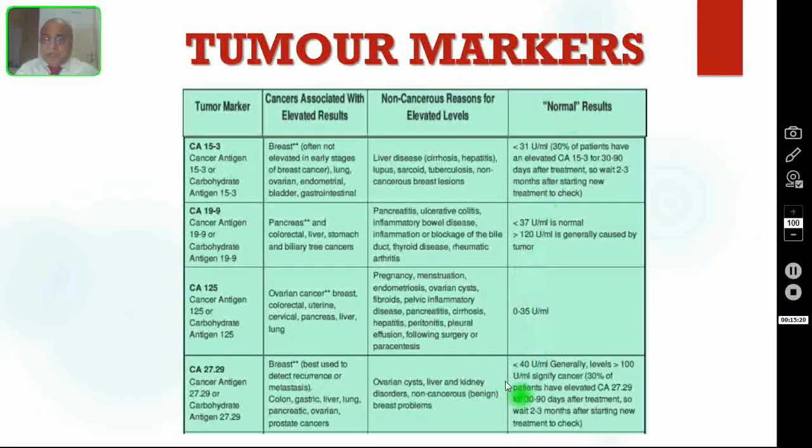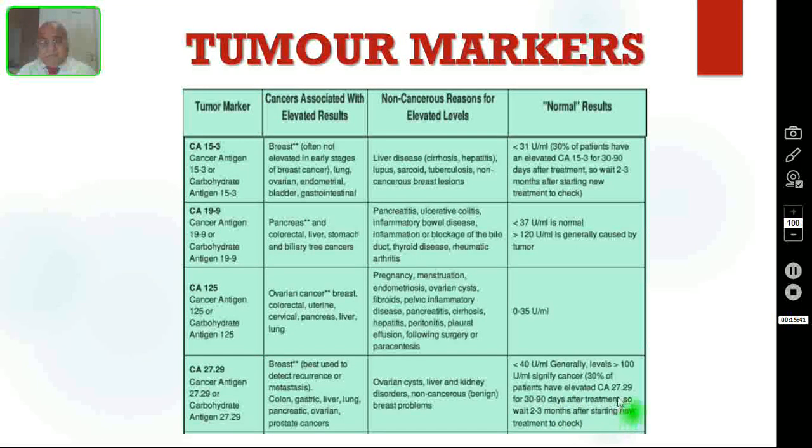So the normal value is always less than 40 units per ml generally. If levels are more than 100 units, that signifies the cancer. 30% of the patients have elevated CA27.29 for 30 to 90 days after treatment.